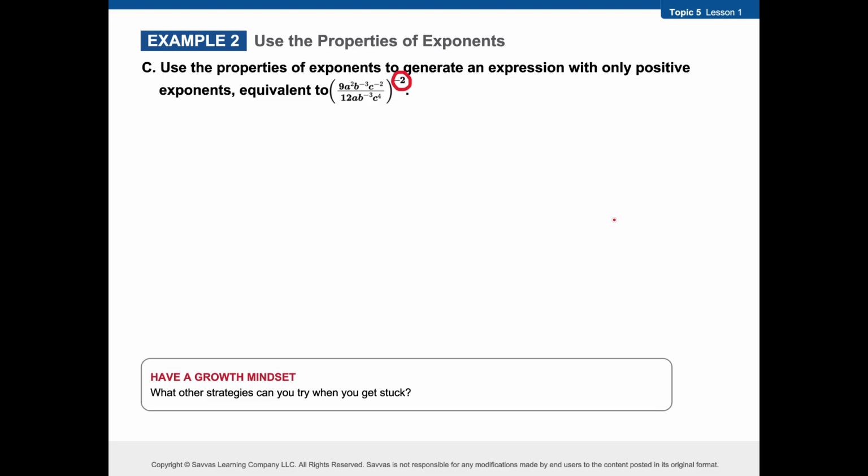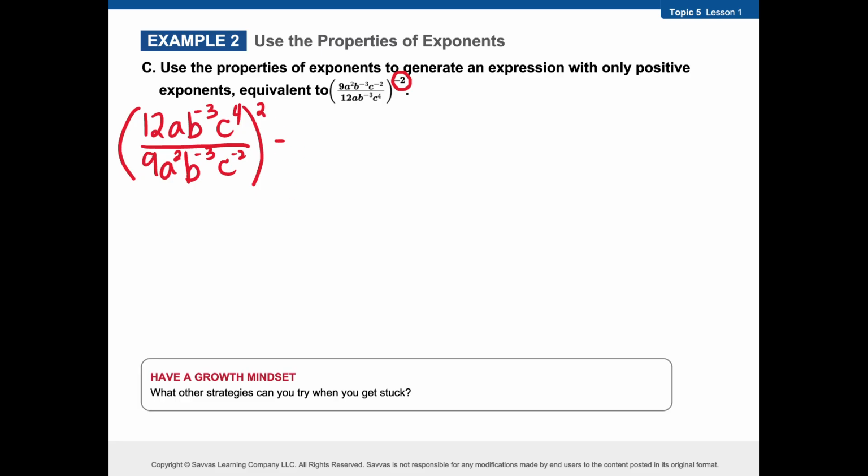So to get rid of that negative, I need to do the reciprocal of this entire fraction. So whatever's on the bottom is now going to be on the top. And that numerator now becomes your denominator. And now that becomes a positive 2.